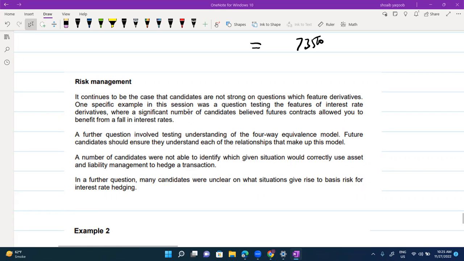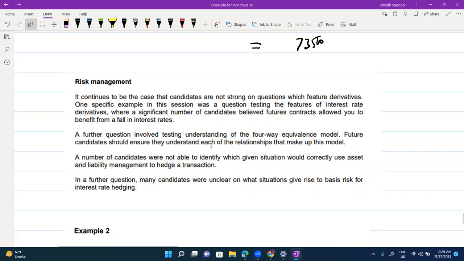One specific example in this session was a question testing the features of interest rate derivatives. A significant number of candidates believe futures contracts allow you to benefit from a fall in interest rates. Only one derivative allows you to take advantage of market movement, and that is the option. Otherwise, in every derivative, the position will be locked.